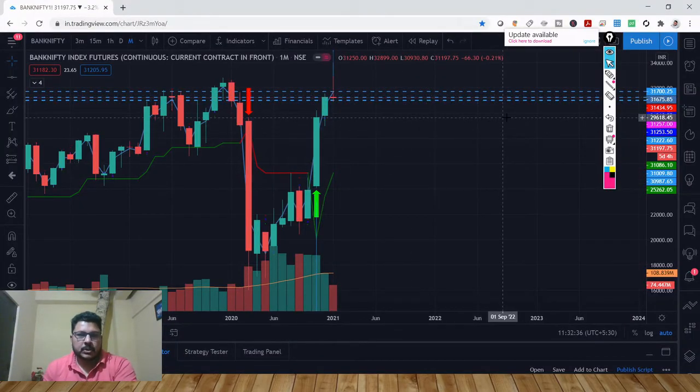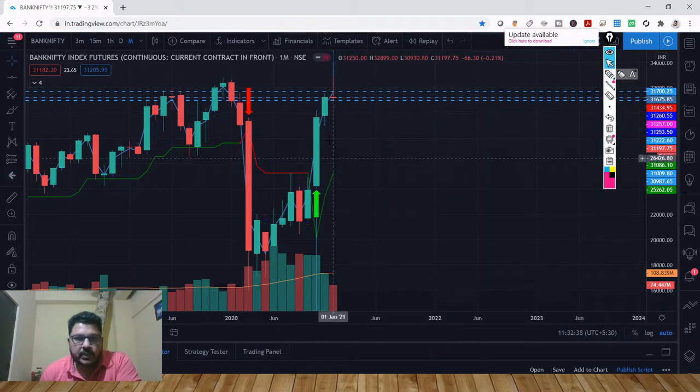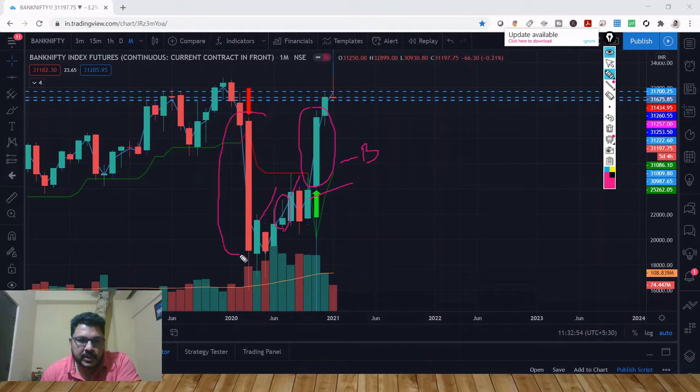Okay, so now what do you see? The first thing we have learned is that this is a full green candle. That means too much buying power, right? This is also full green. Here you can see a 50% body candle. This is a full red candle. So always try to identify. This is again less than 50%.